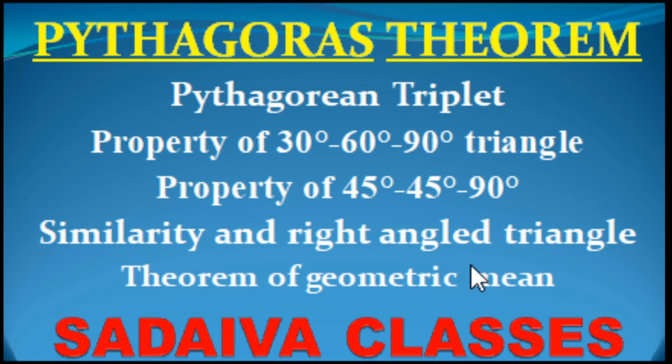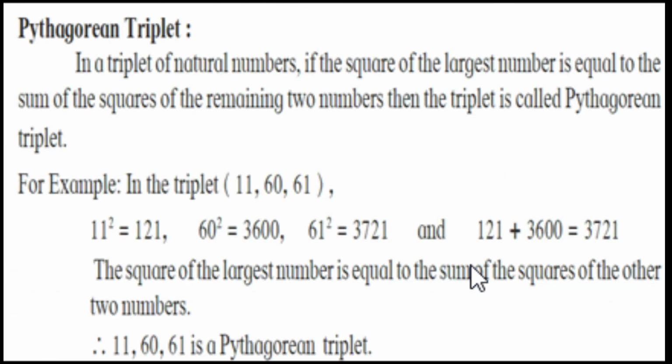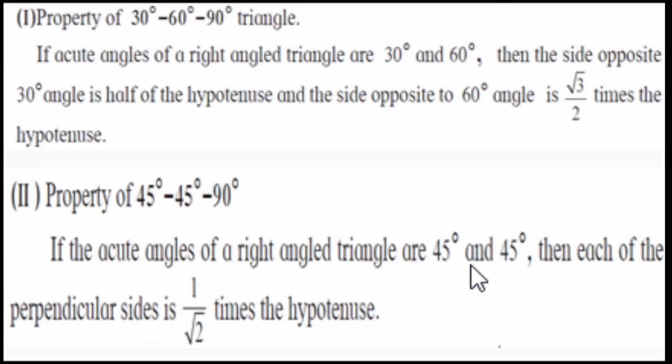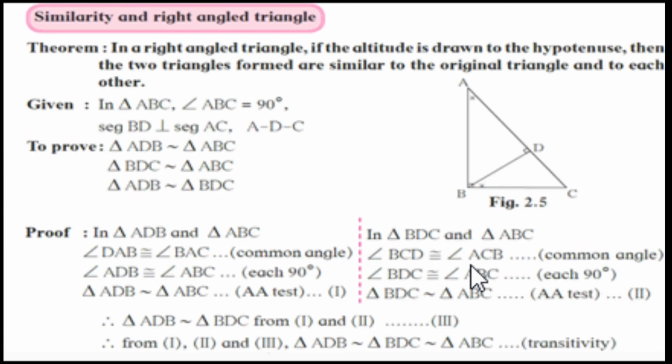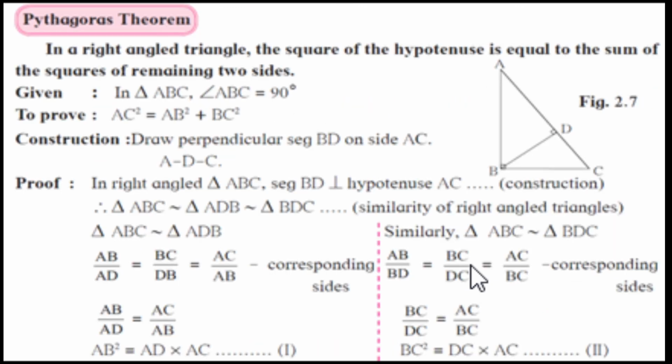Now let's have a small revision of what we have learned. We have seen the Pythagoras theorem, then Pythagorean triplets, then the property of the 30-60-90 triangle, then the property of the 45-45-90 triangle, then similarity and right angle triangle, the theorem of geometric mean, and also the Pythagoras theorem.